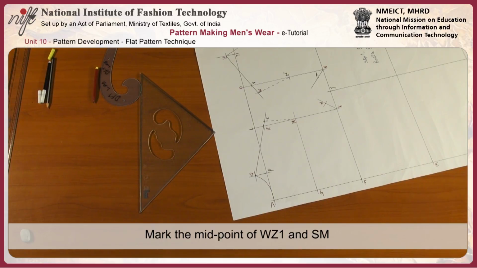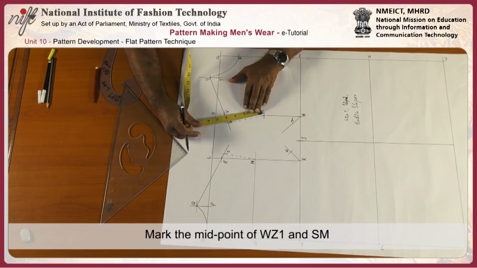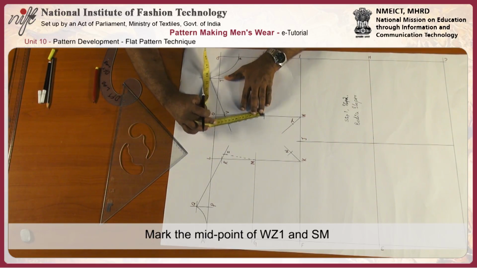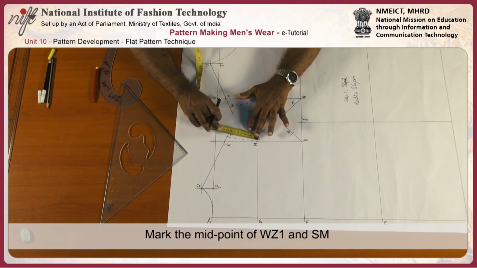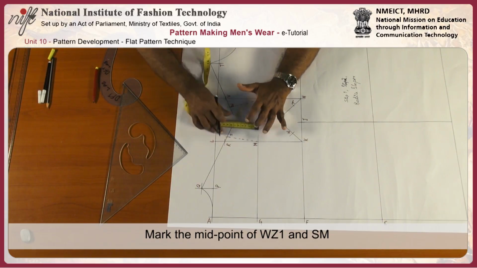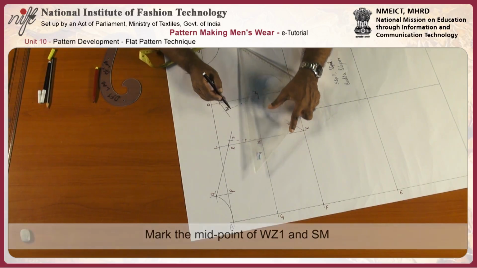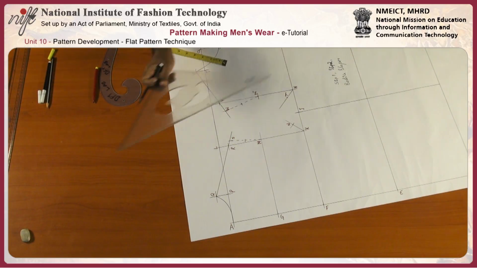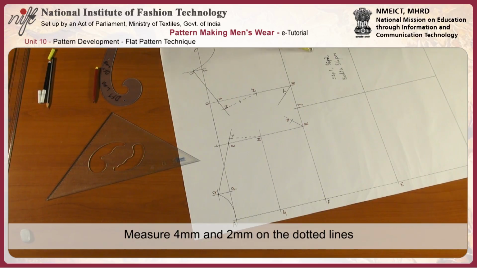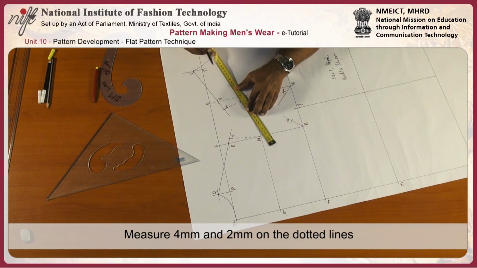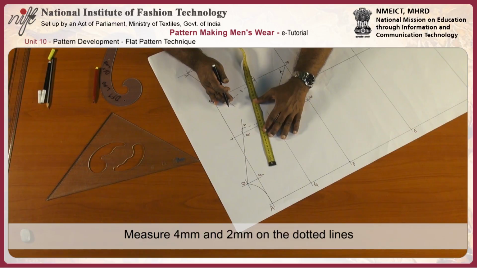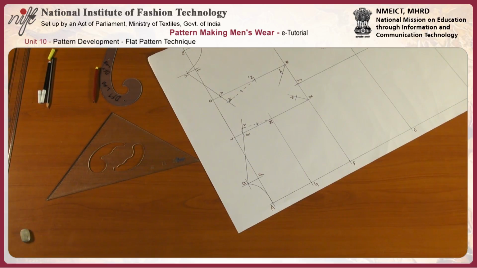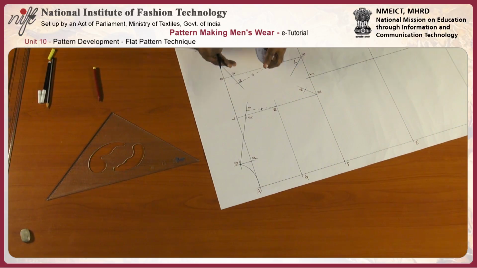Mark the midpoint of Z1 and W and S and M. Then measure 4 mm in and 2 mm in. Then blend with French curve.